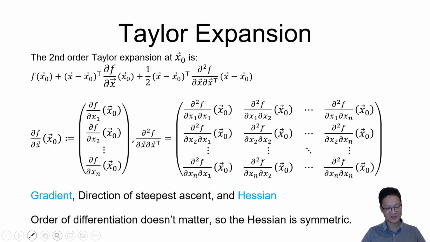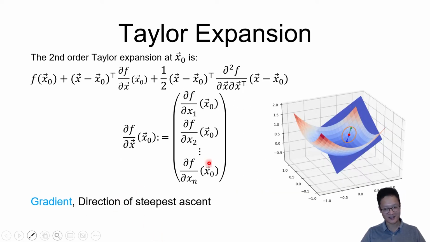Now take a look at the hessian. Sorry, before that, one interpretation of the gradient is the direction of steepest ascent. So in this two-dimensional case, we have x1 and x2, and then the vertical axis represents the value of f. Suppose we have a function f that looks like this bowl here.